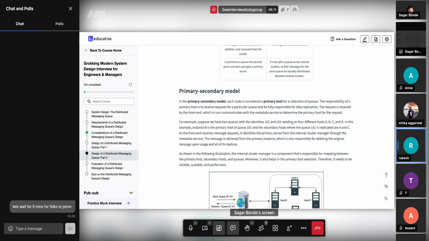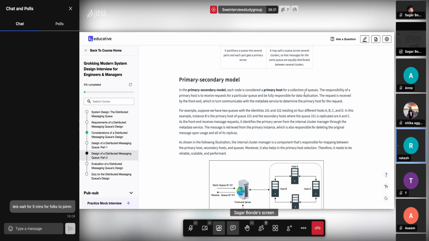So, the primary secondary model. In the primary secondary model, each node is considered as a primary host for a collection of queues. The responsibility of a primary host is to receive requests for a particular queue and to be fully responsible for data replication.